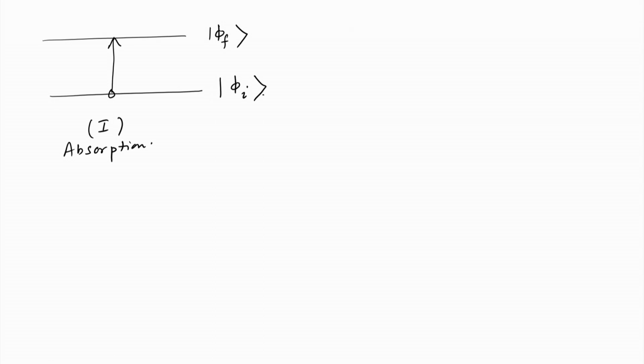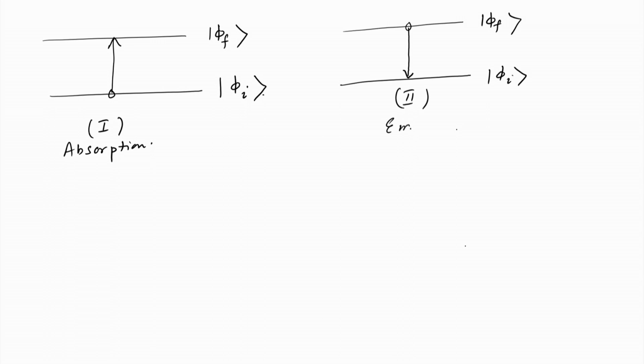And for the other one, it is phi f and phi I, and there is a particle that makes a transition from phi f to phi I, and that is the second term, which is related to the emission. Okay. So, that is the physical picture for these two terms, and of course, we are more interested in talking about the emission term that we have talked about.